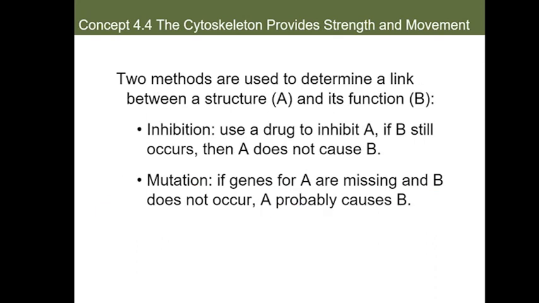So two methods are used to determine a link between a structure A and its function B. Inhibition: you use a drug to inhibit A, and if B still occurs, then A does not cause B. There's also mutation. If genes for A are missing and B does not occur, A probably does cause B.